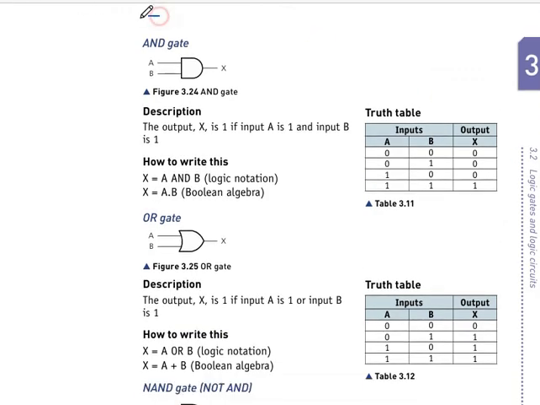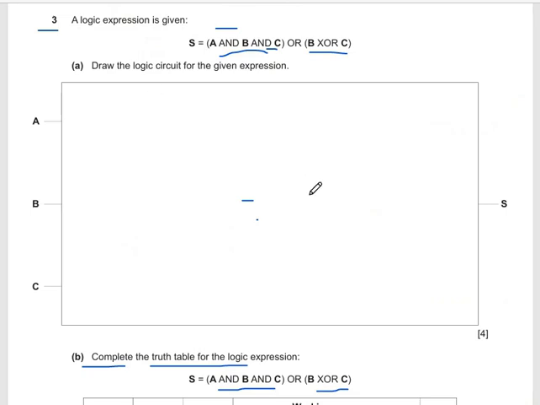The shape for the AND gate is like this, and the shape for the OR gate you have to make with curved arrows, and the same thing is for the NAND gate. You are supposed to add the NOT as well. So to attempt this question, it is very important for you to memorize the shapes as well.